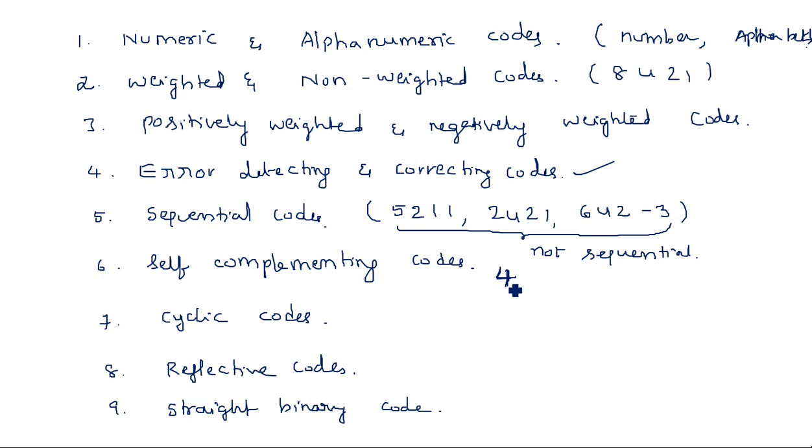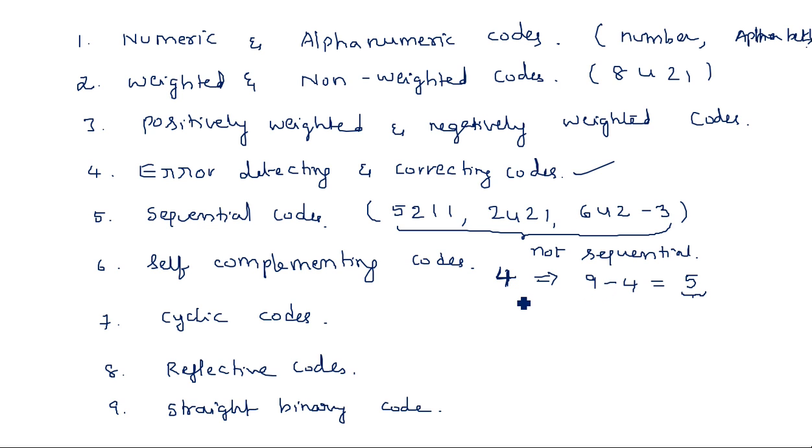When we are performing the 9's complement, it is 9 minus the given number, here 9 minus 4 is equal to 5. If we perform ones to zeros and zeros to ones of this particular number, then that number will be equal to the 9's complement. Then we call that code a self-complementing code.